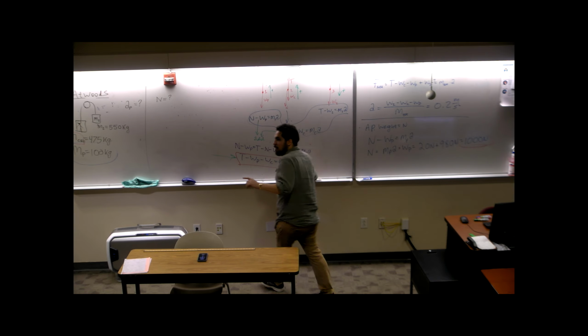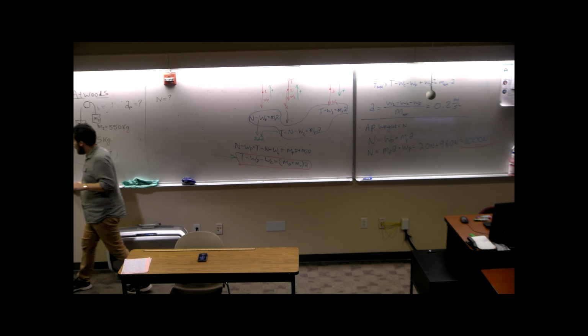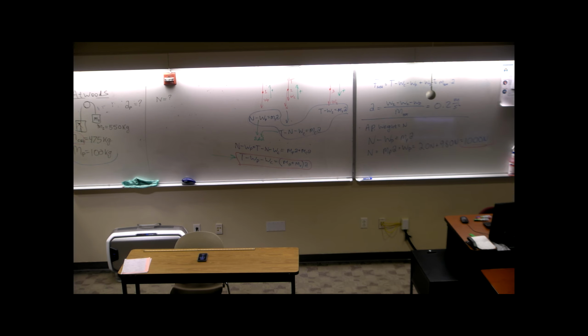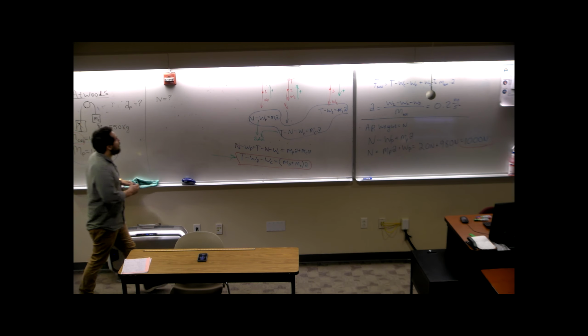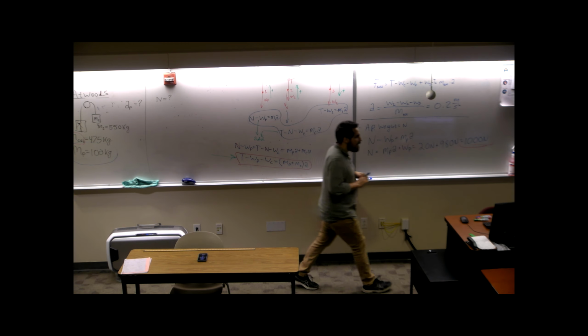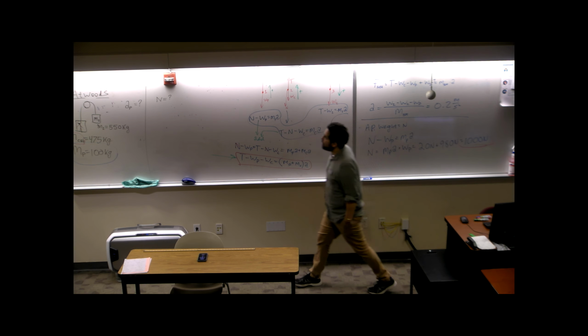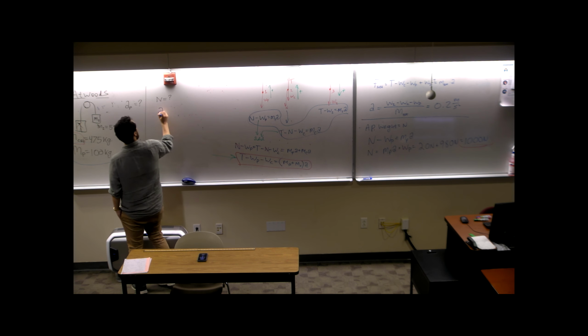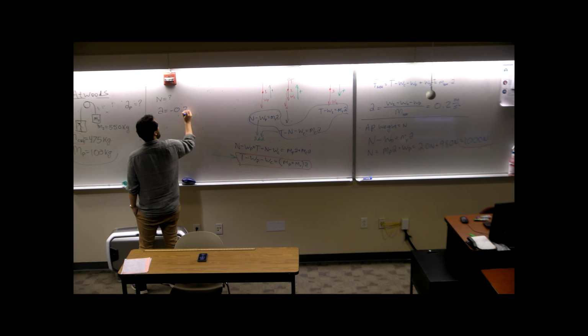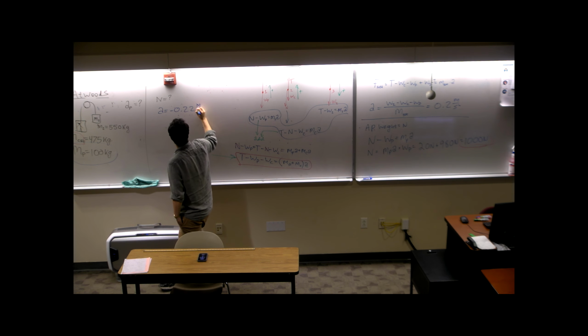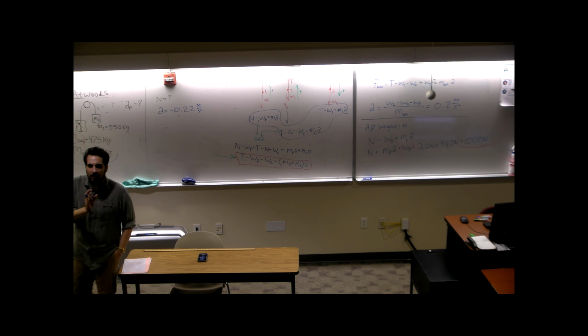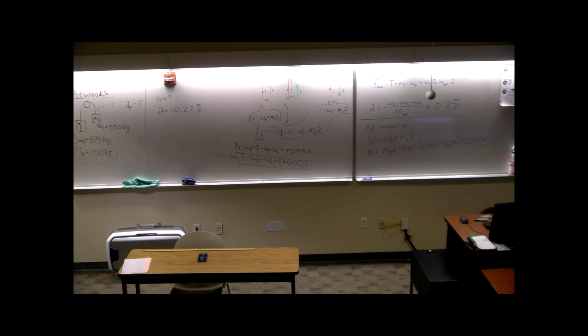So this is the acceleration of the elevator. The apparent weight that the person in the elevator feels is going to be 958 newtons. So this should be the results of what you would find.